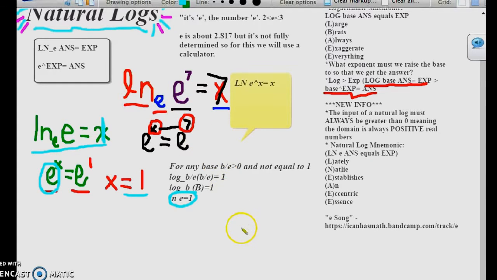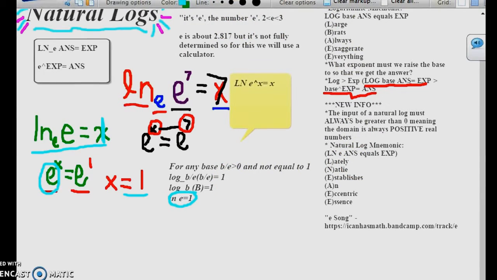Okay, so after we solve conceptual questions, we have to move on to the calculator part. I'm going to be using an emulation that I found on the web to show you what I'll be doing with the calculator.